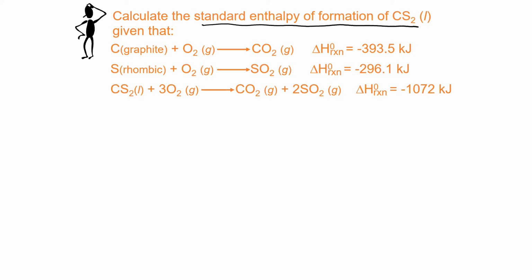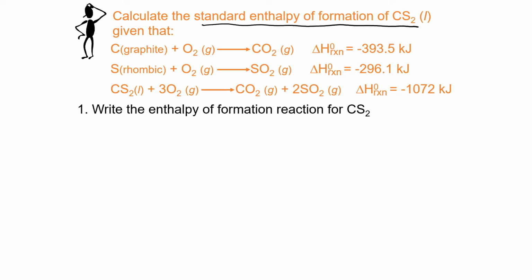So the first thing that should be done is write the enthalpy of formation equation for CS2. So remember, that is the compound's formation from its constituent elements in their most stable physical state. Looking at the set of reactions we've been given, we see the first reaction has C graphite, so there's the carbon, and we also see S rhombic.